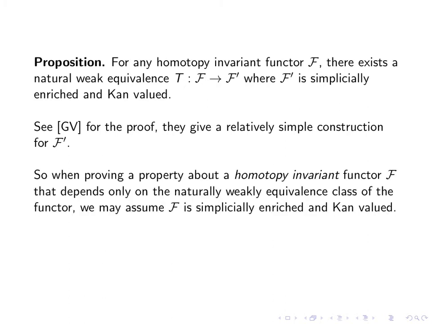So when proving a property about a homotopy invariant functor, a property that depends only on the natural weak equivalence class of the functor, we may assume F is simplicially enriched and Kan valued. This will come up in the proof of Lurie's derived Schlessinger theorem.